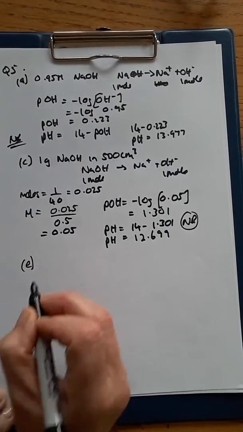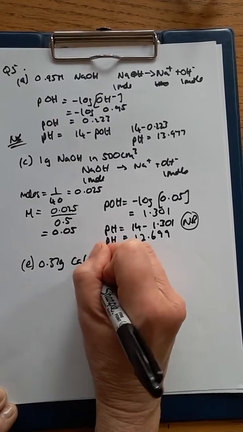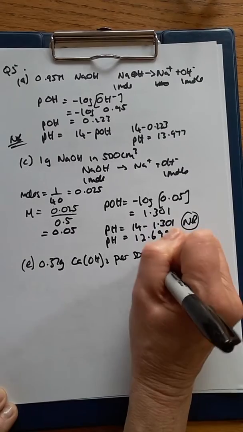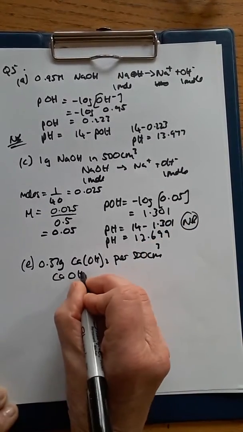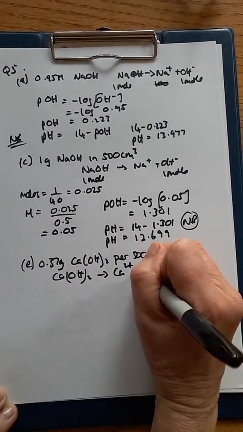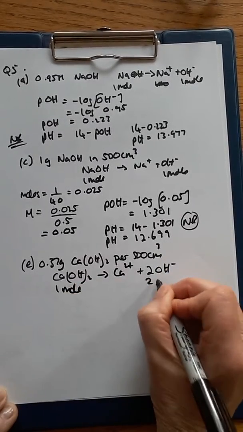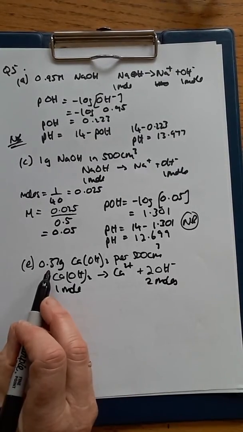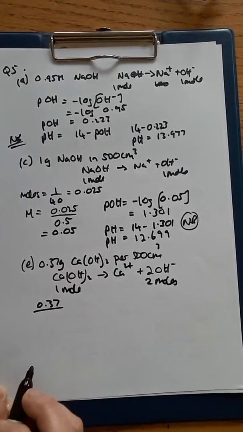And finally, part E, I've got 0.37 grams of calcium hydroxide per 500 centimetres cubed of solution. So let's write the dissociation equation. Calcium hydroxide will split into 1 calcium ion and 2 OH minuses. That means 1 mole of this gives me 2 moles of OH minuses. I'm told that I've got 0.37 grams in 500, so let's convert that 0.37 grams to moles.